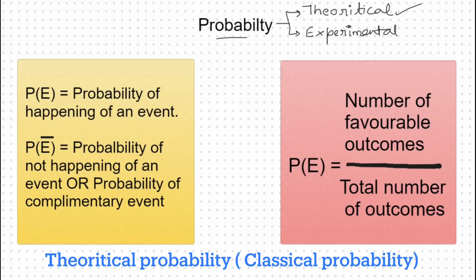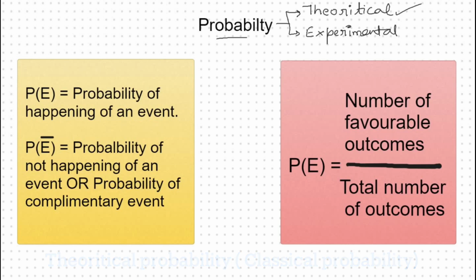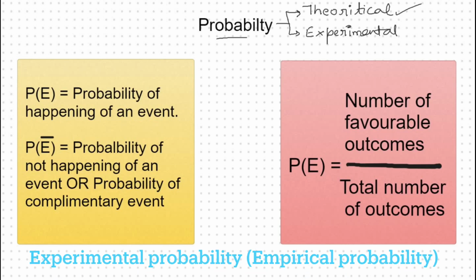When one coin is tossed once, either you may get a head or you may get a tail. So the chances of getting a head is one out of the two choices, head and tail, and the probability of getting a tail is also one out of the two choices. The two choices are head or tail. So 50-50% chances are there to get a head or a tail.